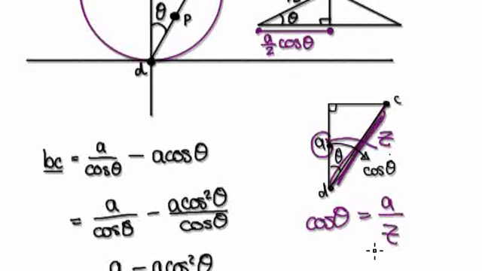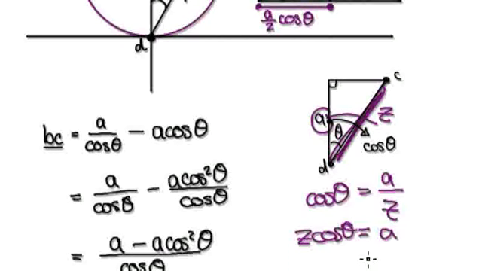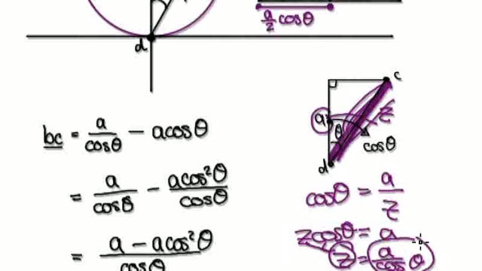So if we want to work out Z, then we can times both sides by Z, and then divide both sides by cos theta. So Z equals A over cos theta. We no longer need this letter now, we can just use the hypotenuse as this.